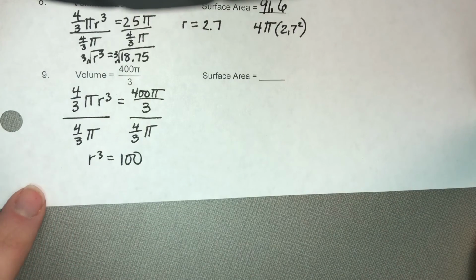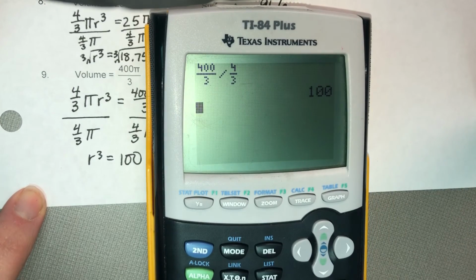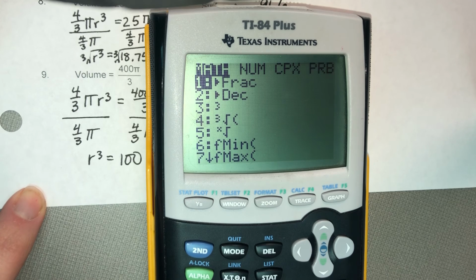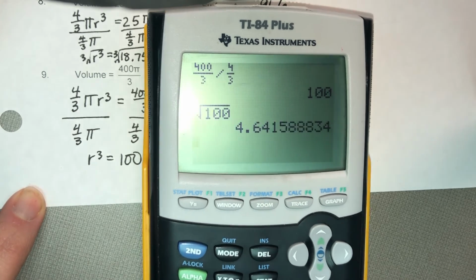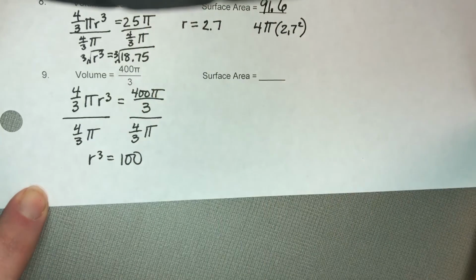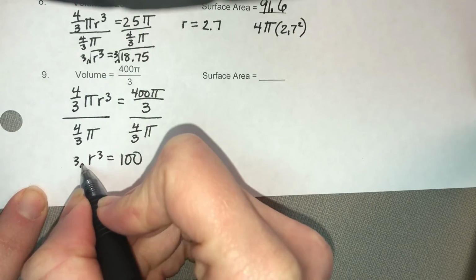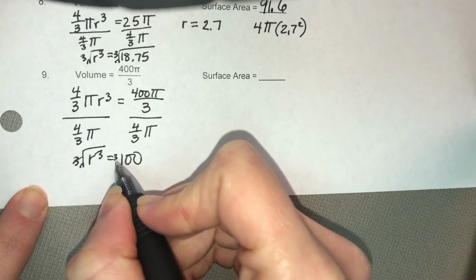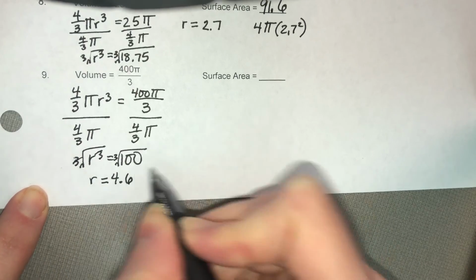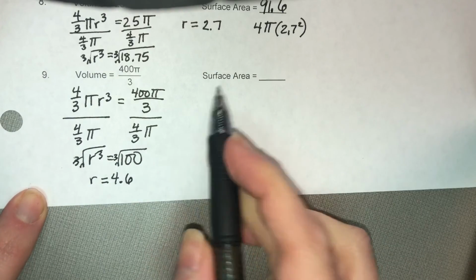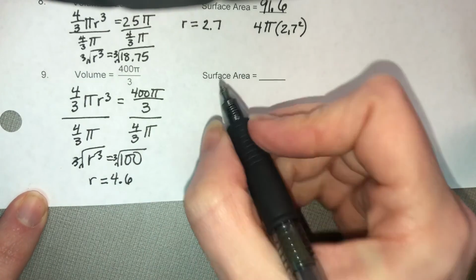And now I have to undo the cube, so that means I have to take the cube root. Remember, I press math, option 4 for cube root, type in the 100, so I get 4.6. Cube root cancels a cube. Cube root of 100 is equal to 4.6. But that's not the answer because they asked me for the surface area.